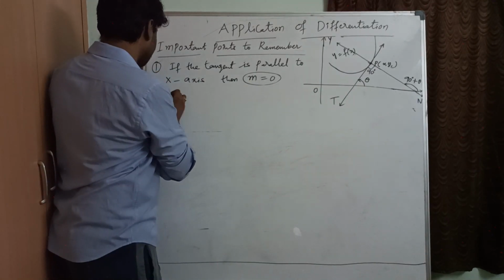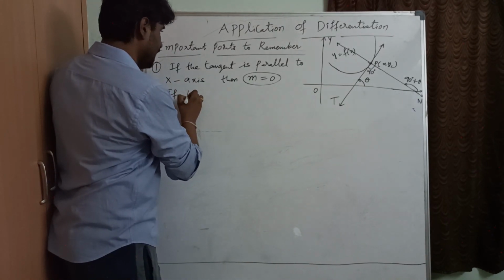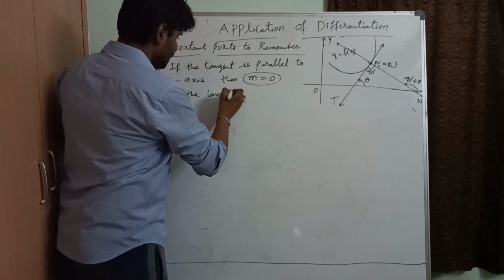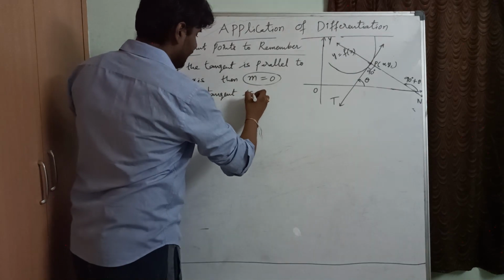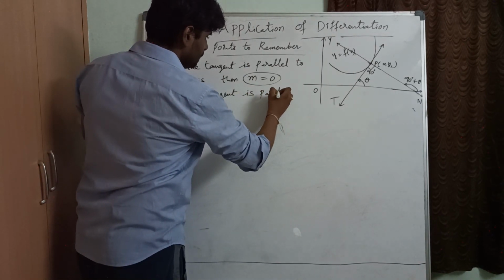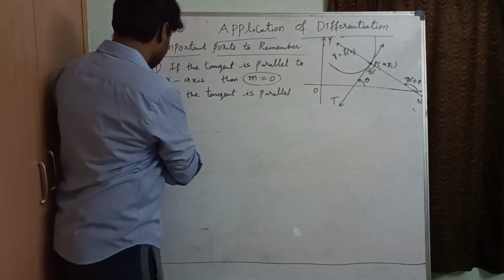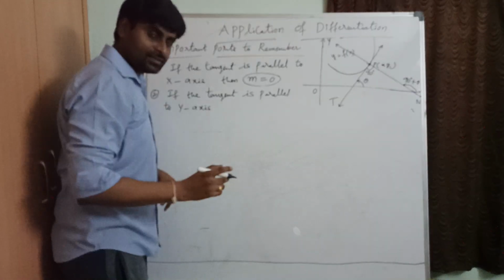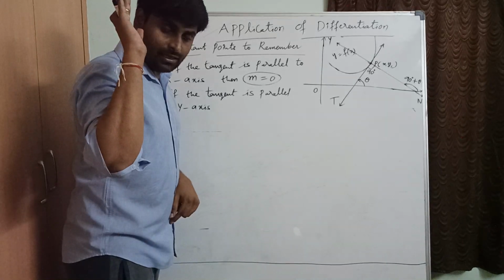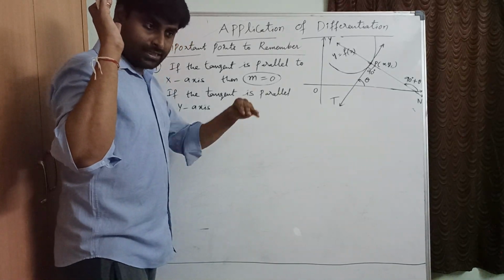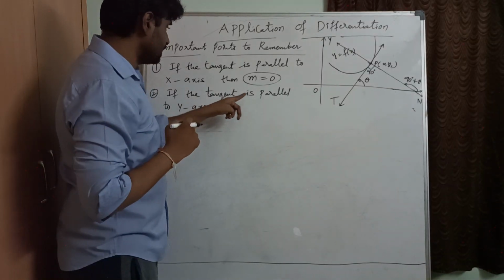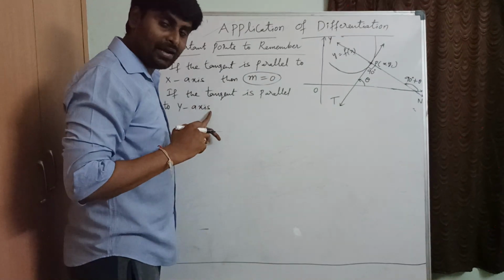Now similarly, if the tangent is parallel to the y-axis, it will be a vertical line, correct or not? Whenever the tangent is parallel to the y-axis, the slope will be undefined.